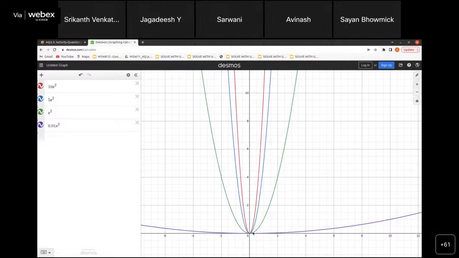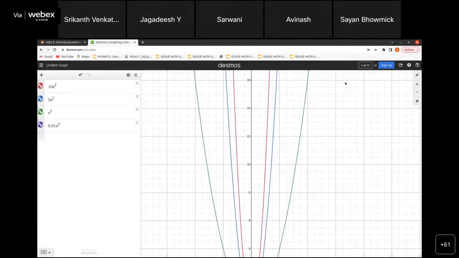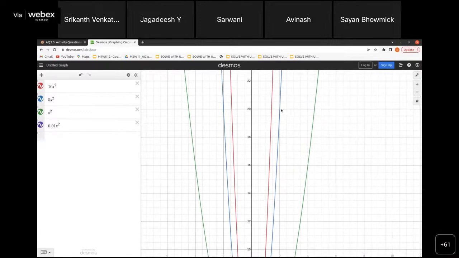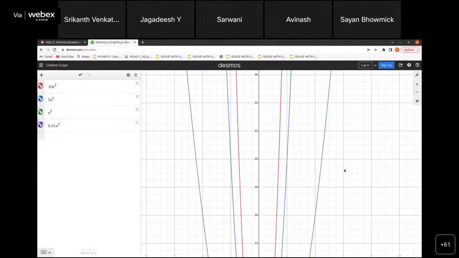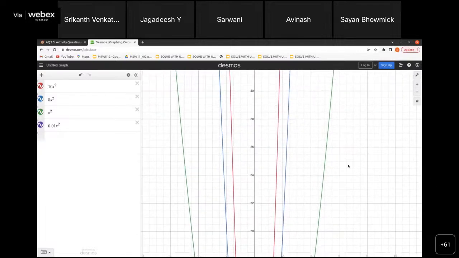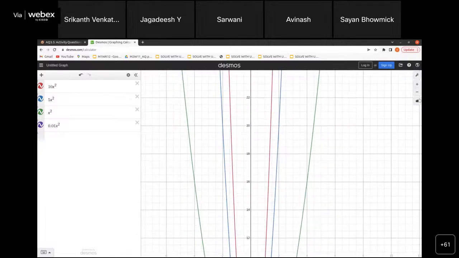But when we see this blue graph, where this touches somewhere at 20, let me zoom out a bit.